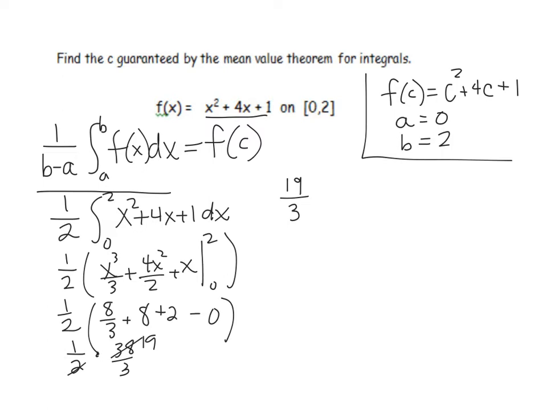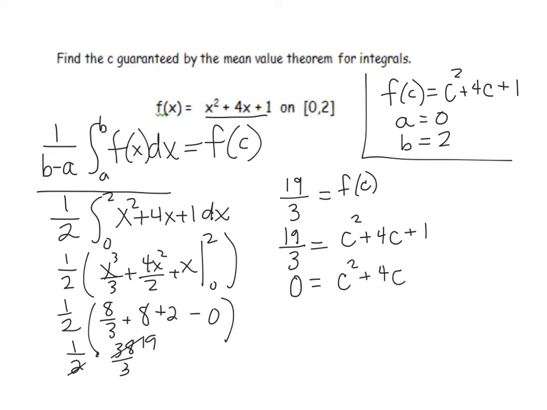All right, so 19/3 is going to equal f of c. Well, we've already figured out what f of c is. So 19/3 is equal to c squared plus 4c plus 1. When you subtract that to the other side to get a quadratic equation, you get something that's not easy to deal with without using the quadratic formula. What I did is I put this in my calculator and found the zeros.